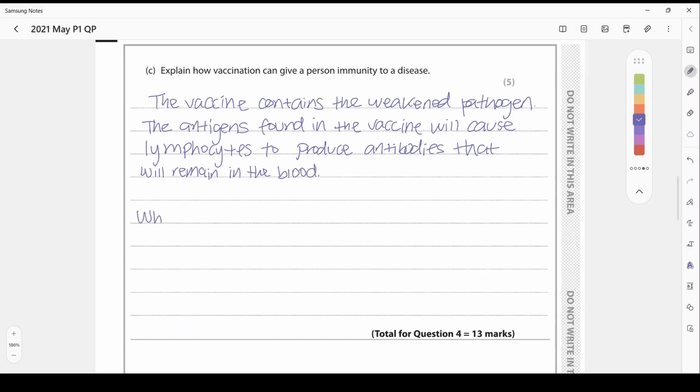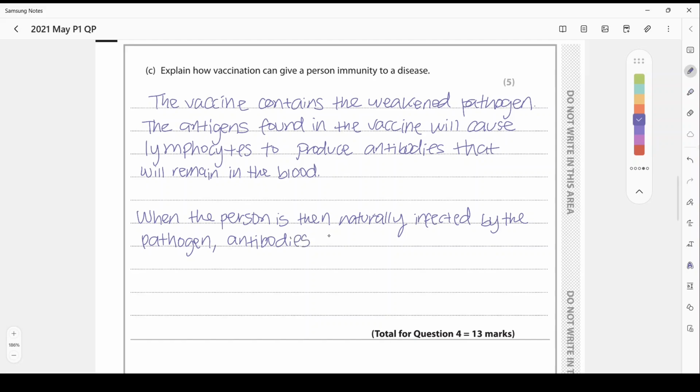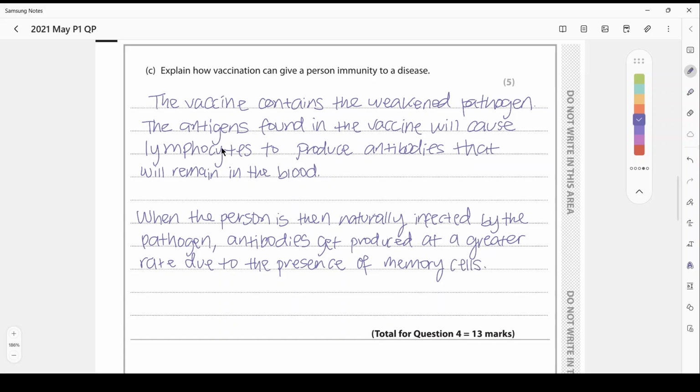So then you can say when the person is then naturally infected by the pathogen, antibodies get produced at a greater rate due to the presence of memory cells.